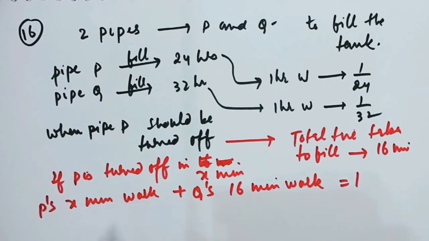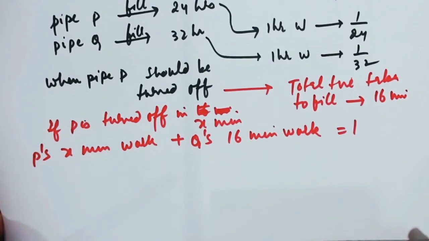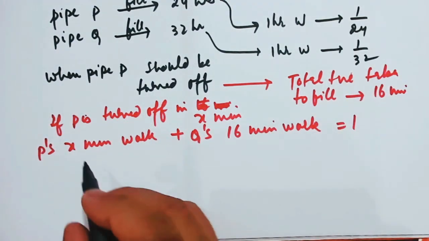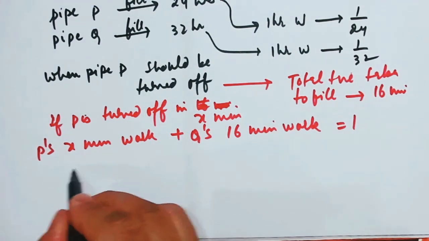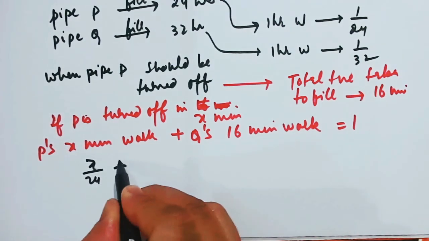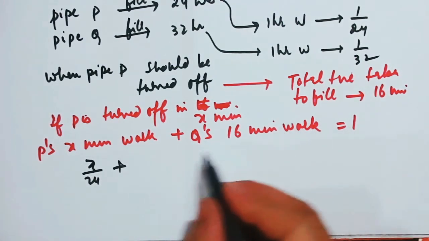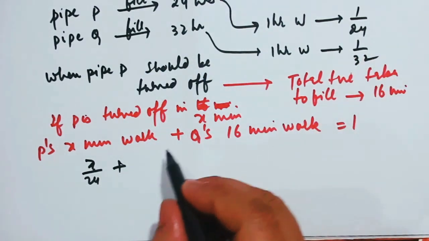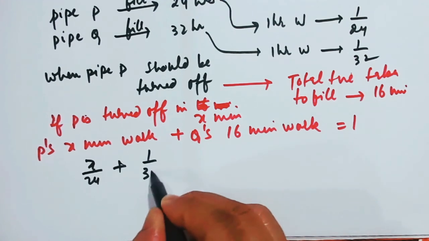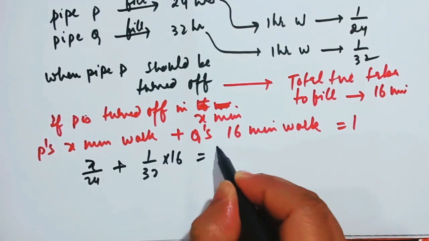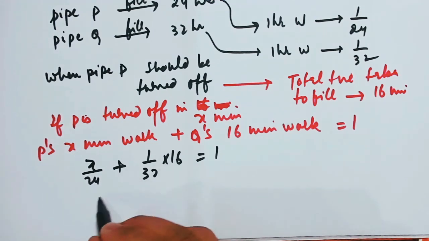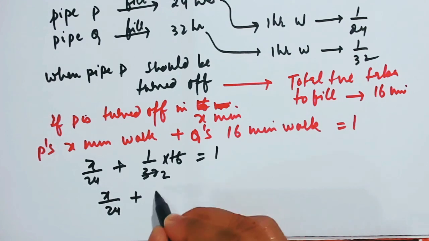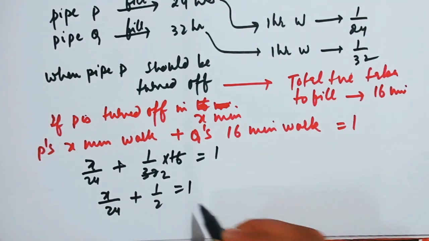This means P's 1 minute work was 1 by 24. Therefore P's x minute work will be x by 24, and Q's 1 minute work is 1 by 32. Therefore Q's 16 minute work will be 1 by 32 times 16. This is equal to 1. So x by 24 plus 1 by 2 is equal to 1.